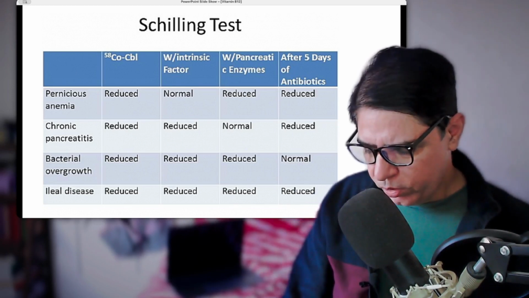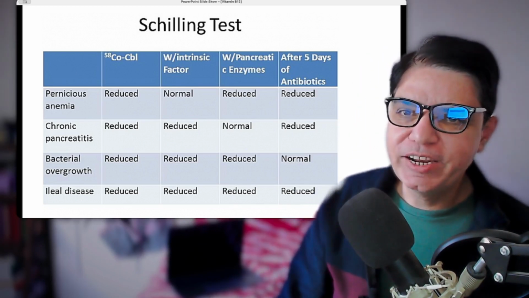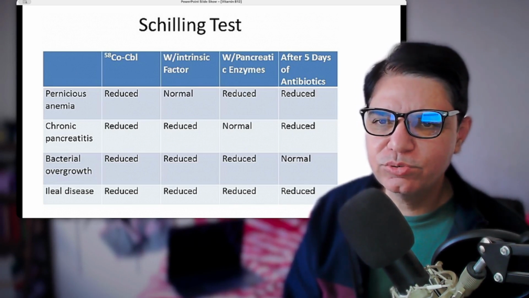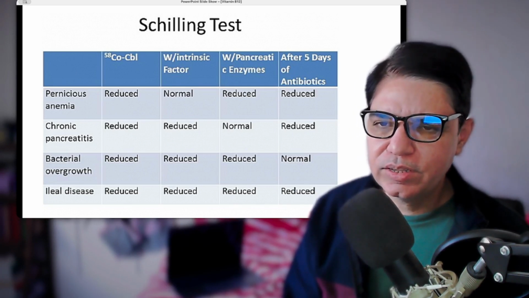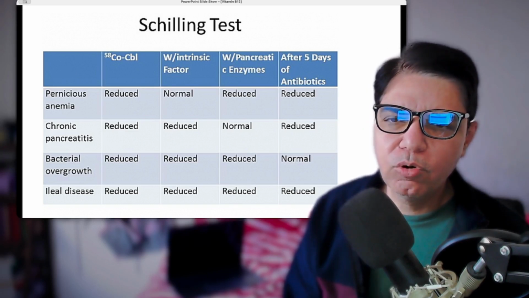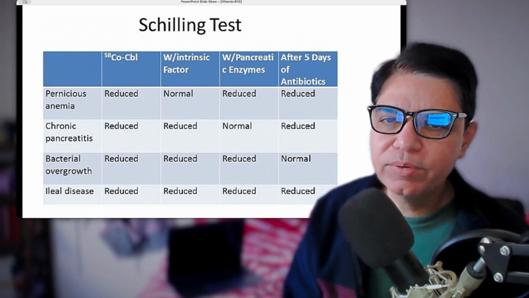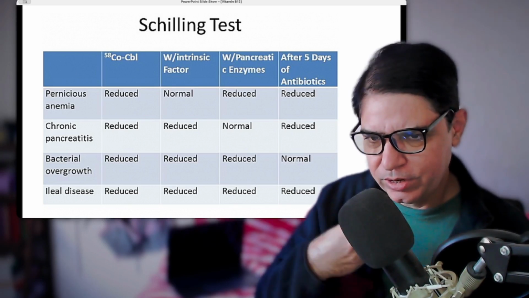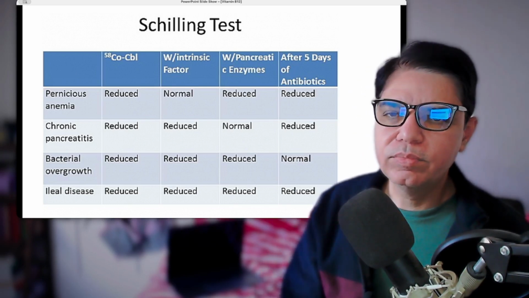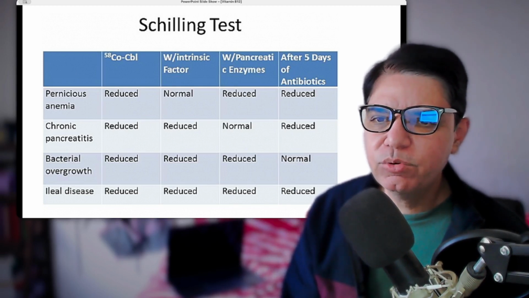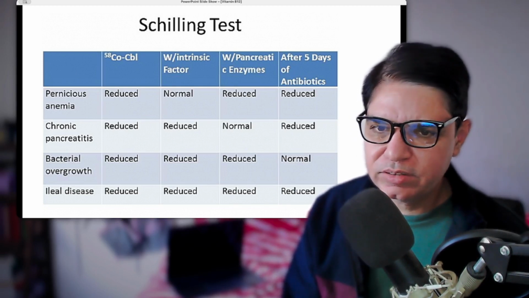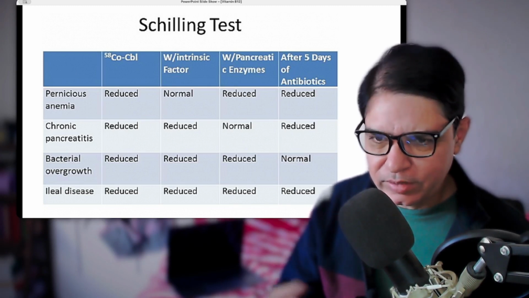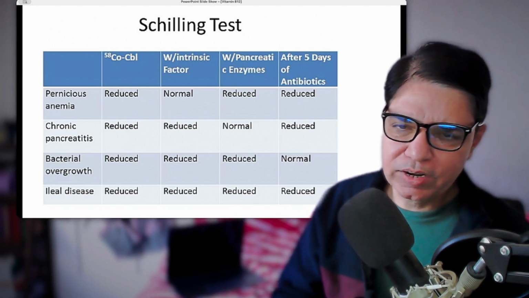Back in the old days, we used to have a very good test called the Schilling test. In the Schilling test, they would give you radioactive cobalt-labeled vitamin B12, and because it is radioactive, if you have gamma cameras you can pick it up.